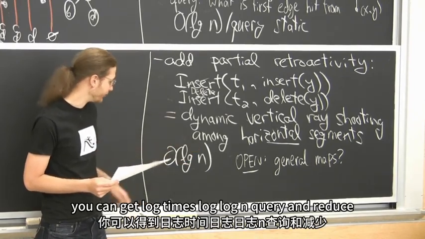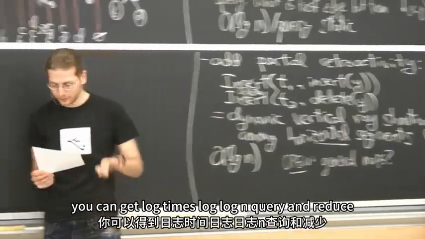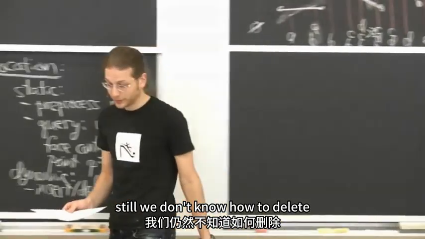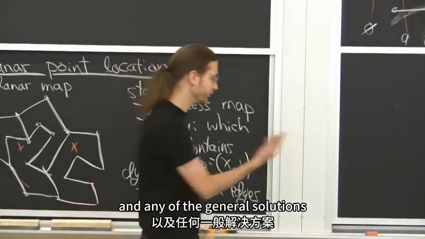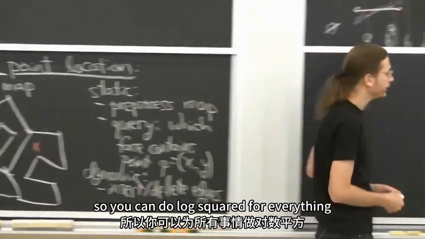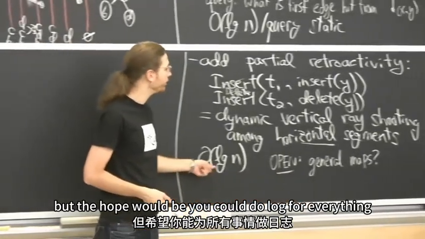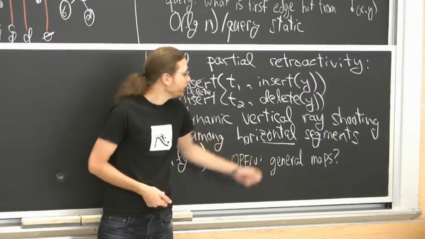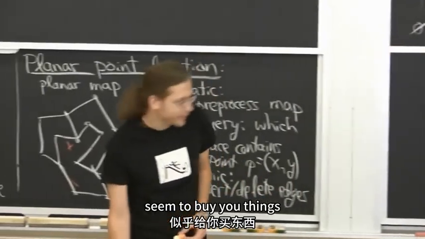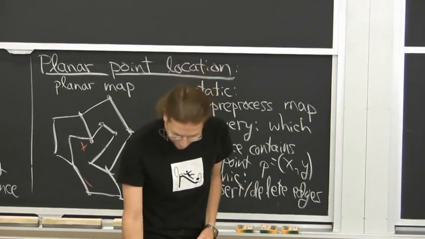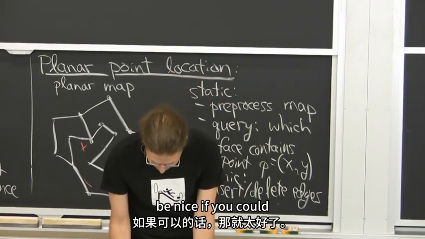There's some other trade-offs. You can get log times log n query and reduce. Still, we don't know how to do deletes faster than log squared in any of the general solutions. So you can do log squared for everything, but the hope would be you could do log for everything, even when the segments are not horizontal. But here, retroactivity doesn't seem to buy you things. Be nice if you could.